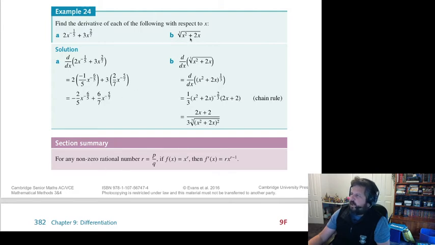Over here, we've got the cube root of x squared plus 2x. Remember, instead of writing the cube root, it could be the same as this here to the power of a third. Once you've established that, you can apply the chain rule like we were doing in the previous exercise.